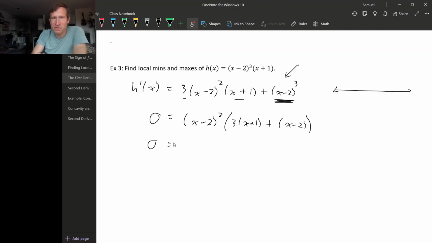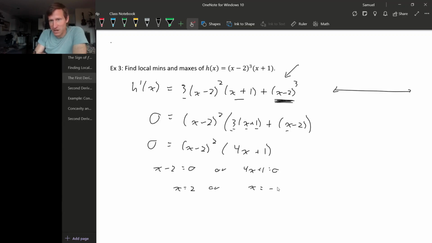Now we can simplify all this. So this is x minus 2 squared, and then in here we have 3x, there's another x, so 4x, and then 3 minus 2 is plus 1. All right, so it looks like either x minus 2 has to be 0 or 4x plus 1 has to be 0. So x is 2 or x is minus a quarter.